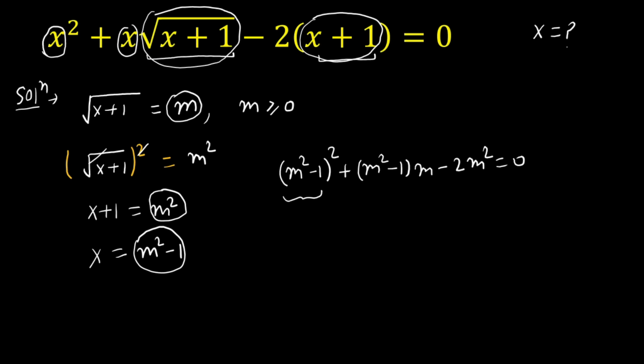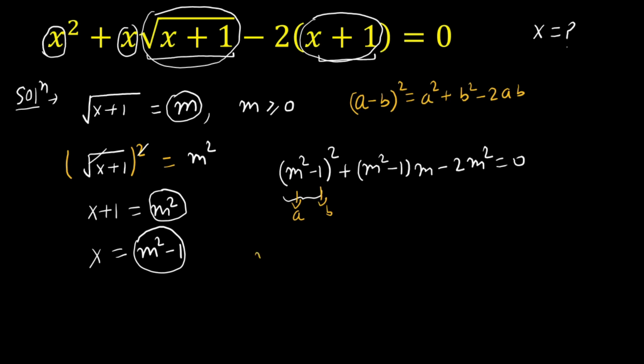Here we will apply a minus b whole square. We know the algebraic identity a minus b whole square is a square plus b square minus 2ab. Here this m square is a and this one is b.